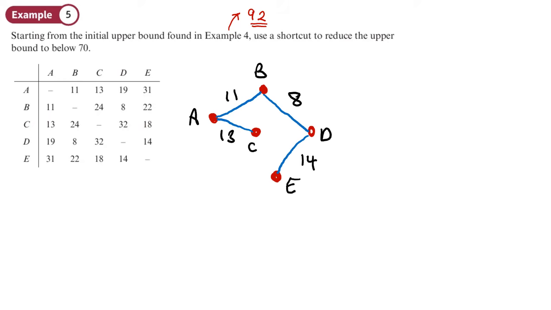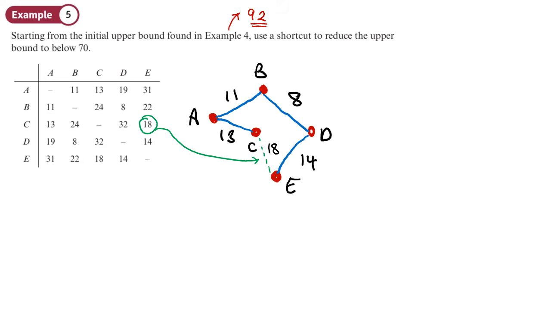So I could put this in here, and the weight of that is 18. To visit every vertex and come back to A, I could go A, B, D, E, then take the shortcut of 18 to C, and then the 13 back to A.